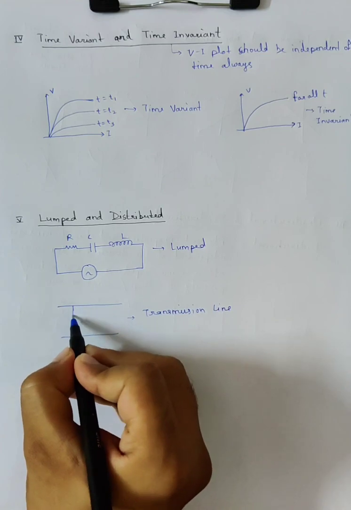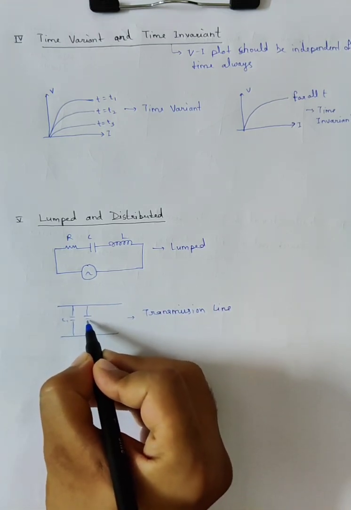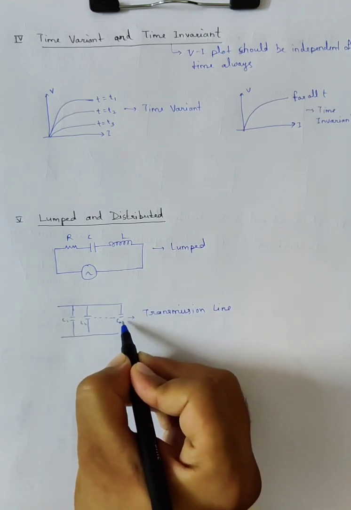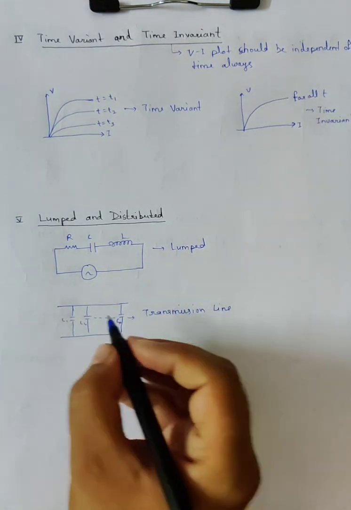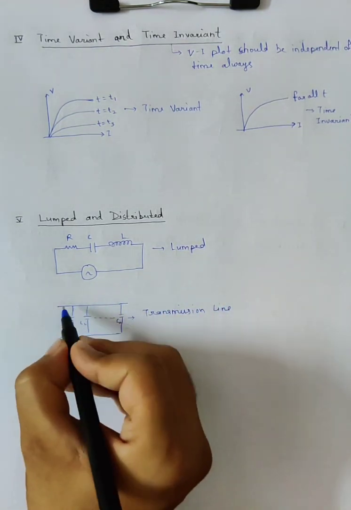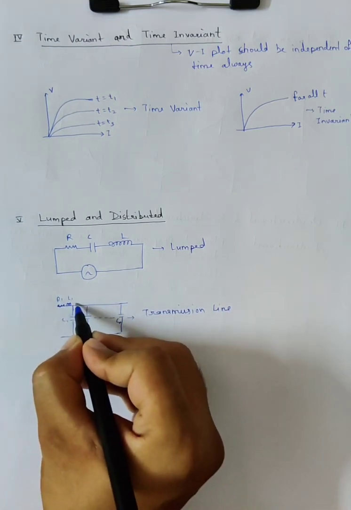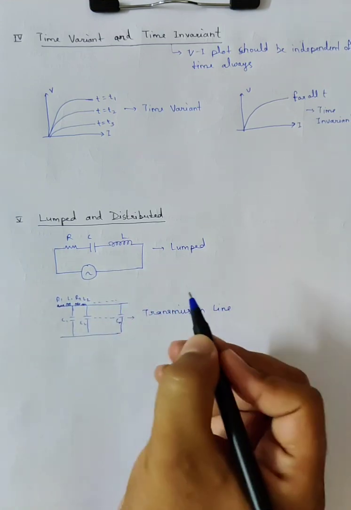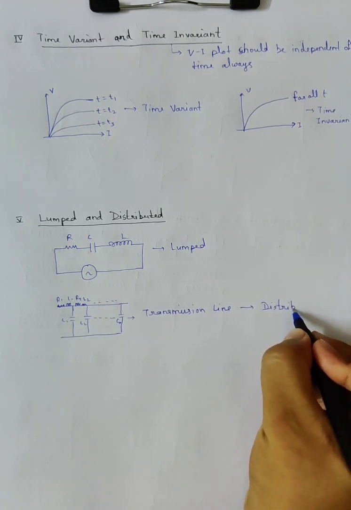Similarly, the capacitor is distributed over the whole length, C1, C2, Cn, like this. Similarly, the inductor is also distributed over the whole length. R1, L1, R2, L2, like this. So it is a distributed network.